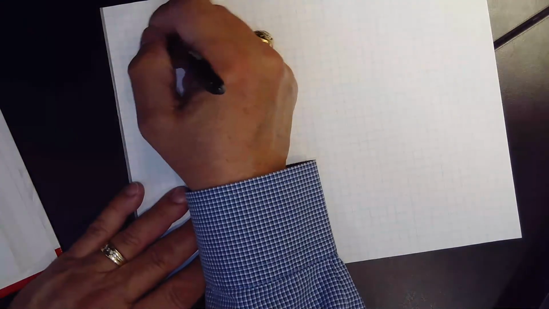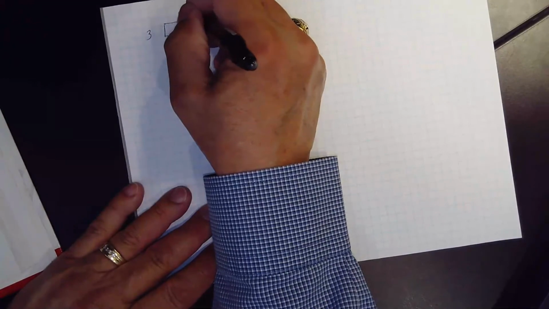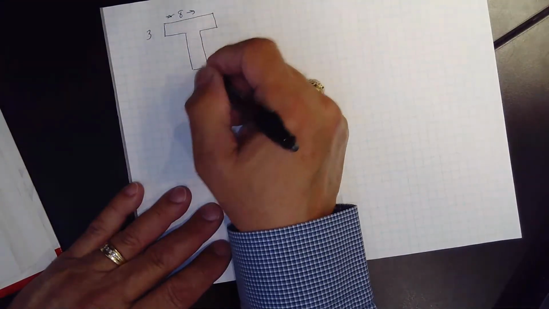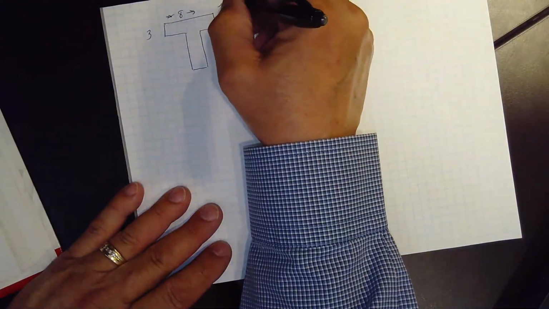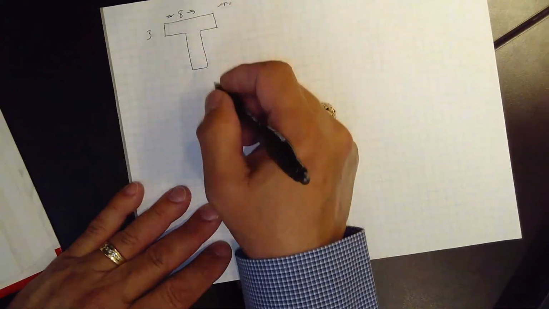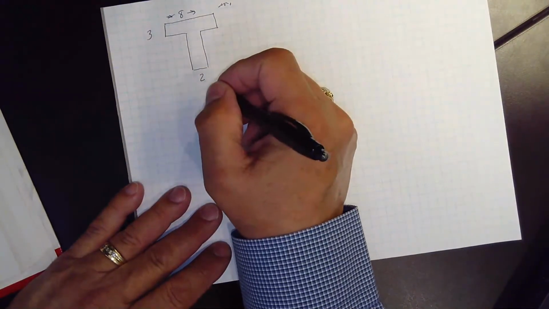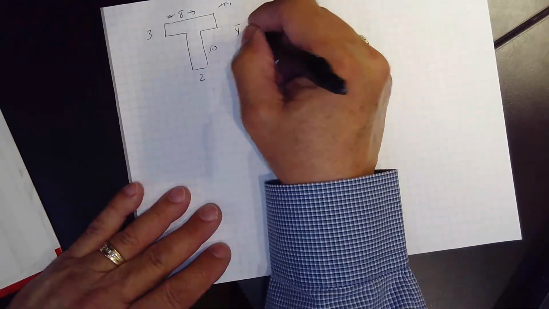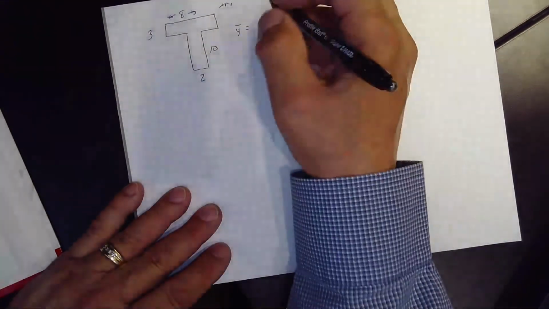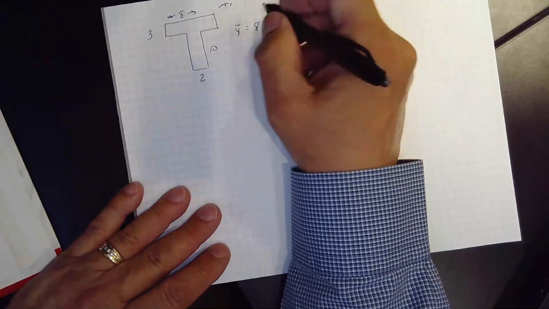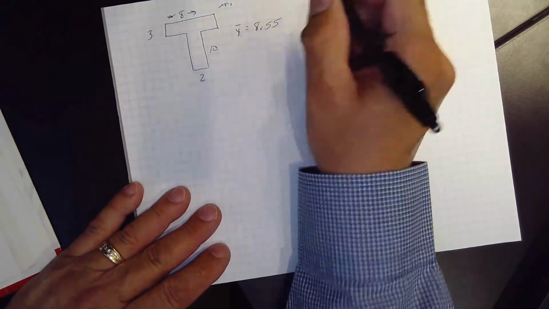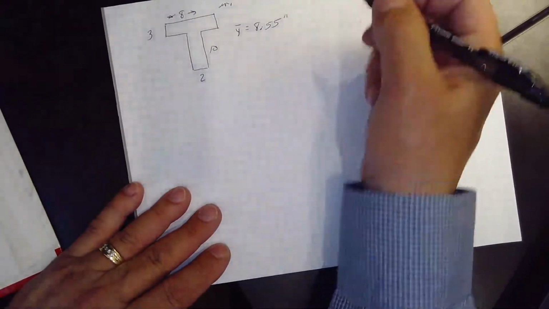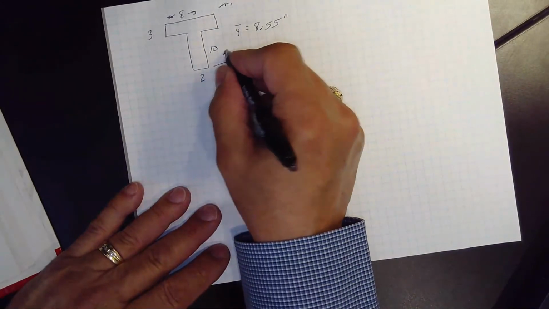We said this was 3, this was 8, all in inches, and this is 2, and this is 10. And we found that y bar was equal to 8.55 inches, measured up from the bottom.